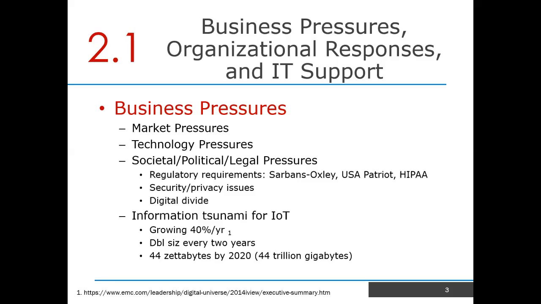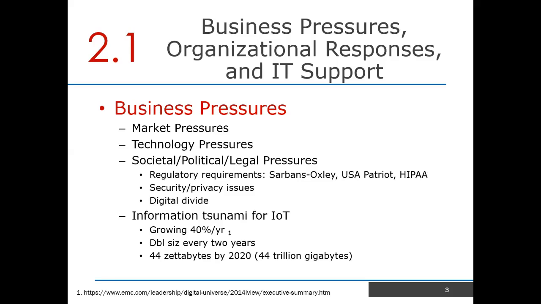Building in the security aspect is required to do business, and that can easily exceed the original cost of the system. In addition, companies face the dilemma of the growing digital divide. Older people adopt technologies much slower than their younger counterparts. Understanding the needs of the different market segments weighs heavily on the IT departments as they work to satisfy all customers.